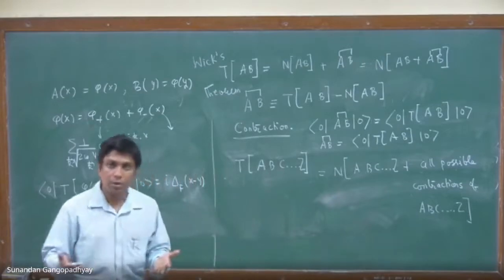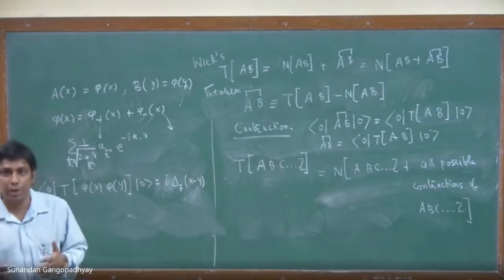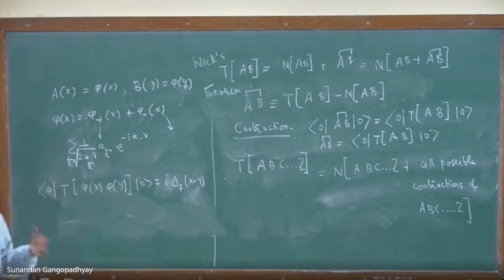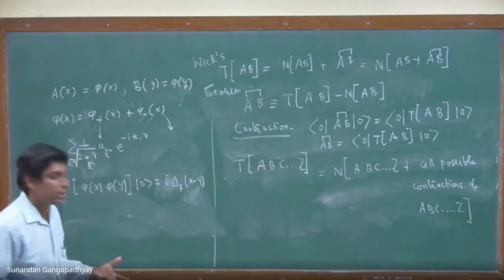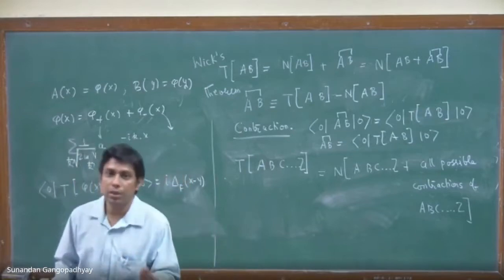Since it holds for n equal to 2, it will hold for n equal to 3. n equal to 1 is trivial, there is nothing to prove. Since it holds for n equal to 2, it will hold for n equal to 3, and so on. This is the principle of mathematical induction. You can prove it by that method.